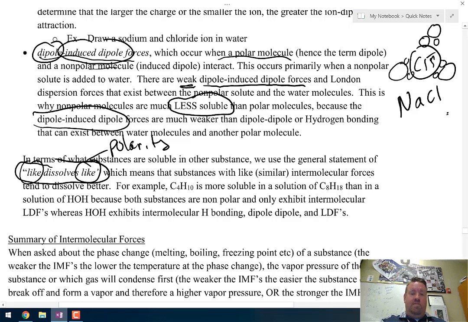For example, C4H10, which is very nonpolar, it's just 4 carbons in a row, is really soluble in C8H18. Again, also another long nonpolar compound. Okay, it's more soluble in that than it would be in water because, again, it's nonpolar, whereas water is very polar.